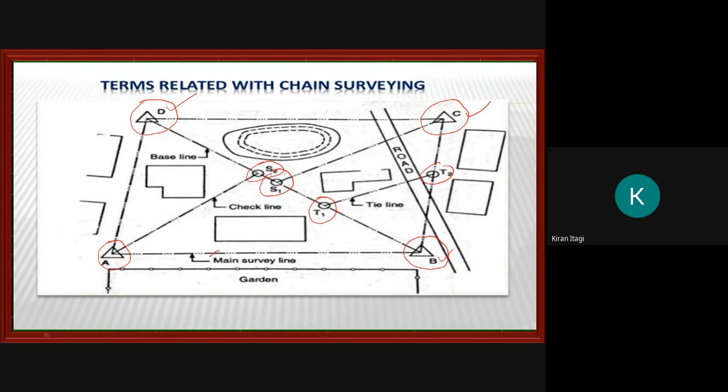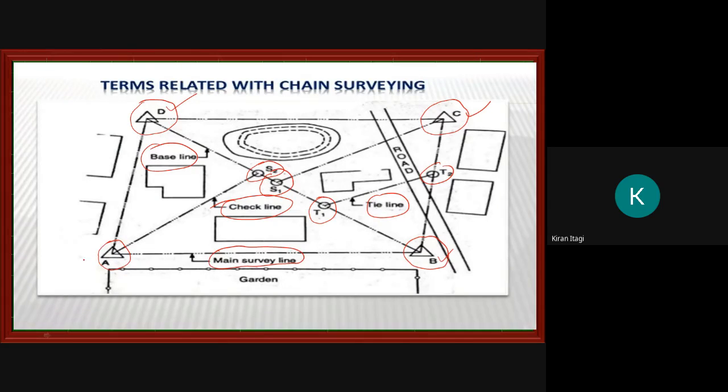And here: main survey line, check line, tie line, base line. I am going to explain what these are. I just want to give you some idea; later on I will show you the details.